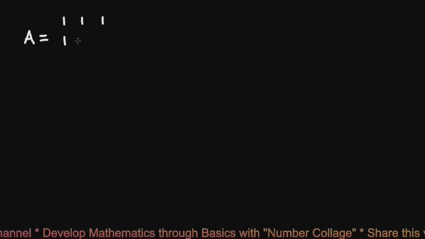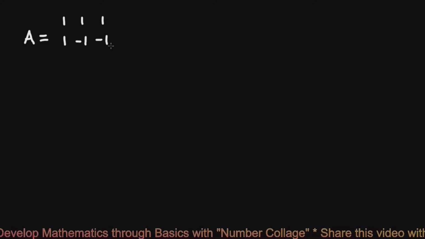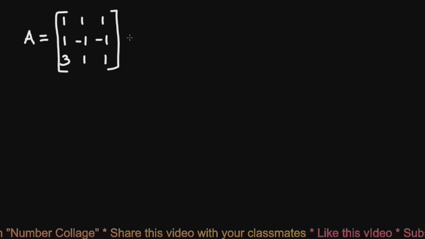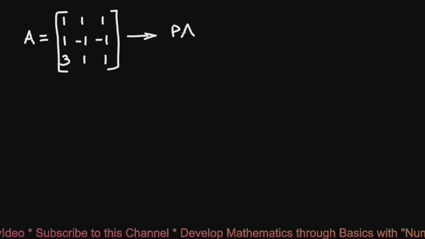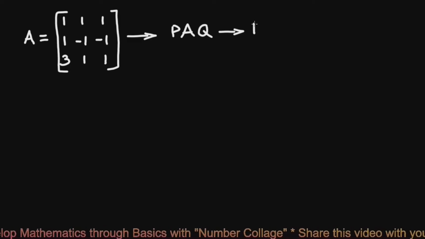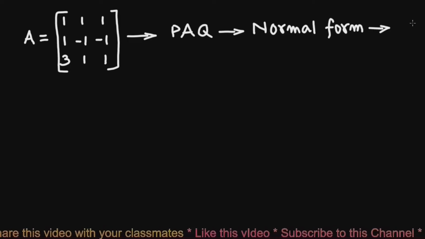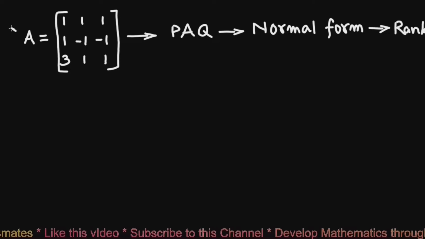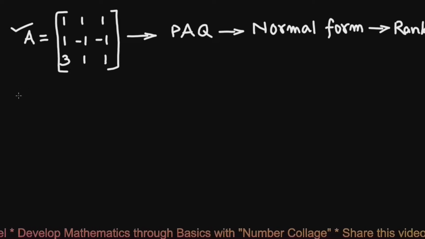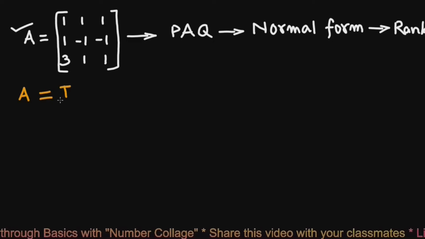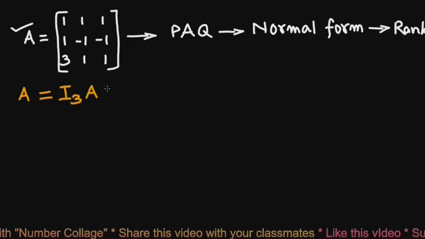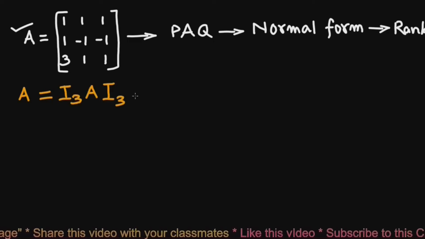We are given matrix A as [1 1 1; 1 -1 -1; 3 1 1], and we will convert this matrix A in the form PAQ as the normal form, and hence we will find the rank of matrix A. So we start by writing matrix A equals its prefactor I3, then A, then its postfactor I3.